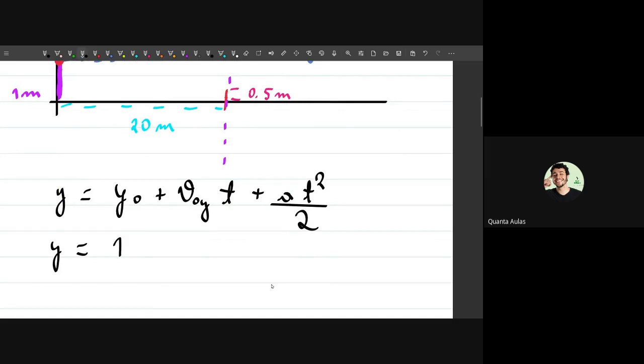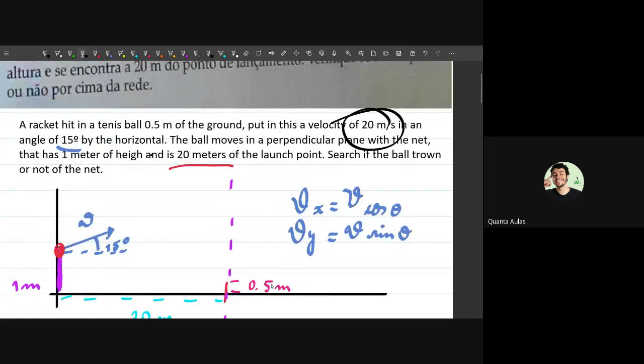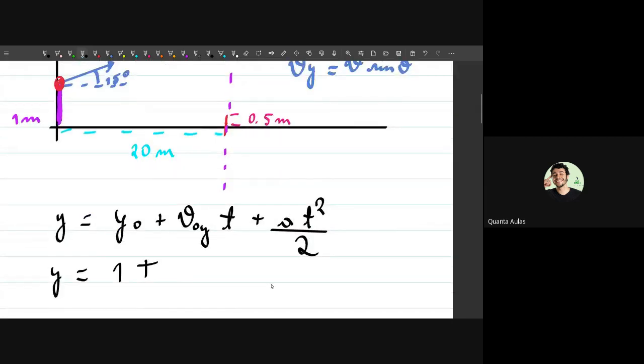The initial velocity is 20 cosine of 15 degrees. And the gravity acceleration, we know this is 10.